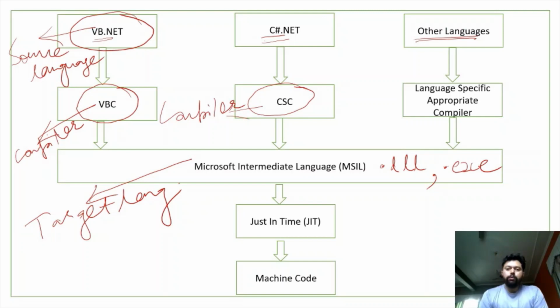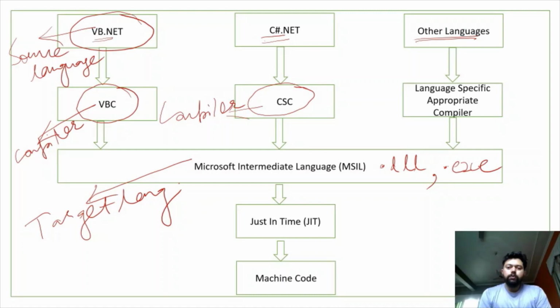If we use the main method in our program, because the main method is the starting point of the execution of your code, then it will generate an executable file.